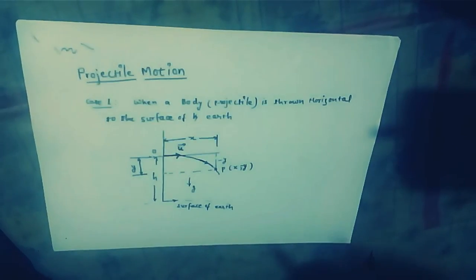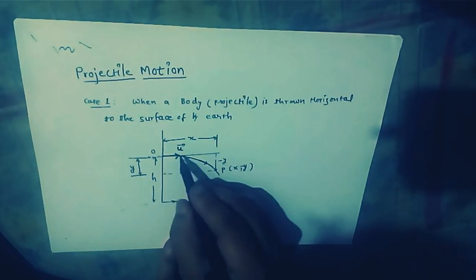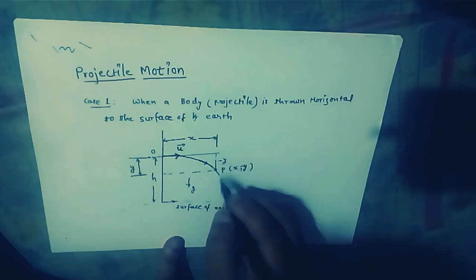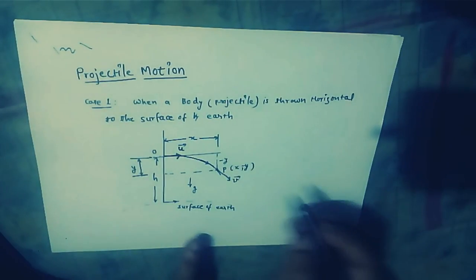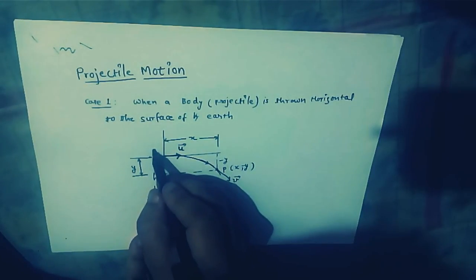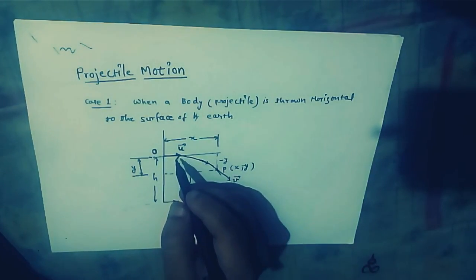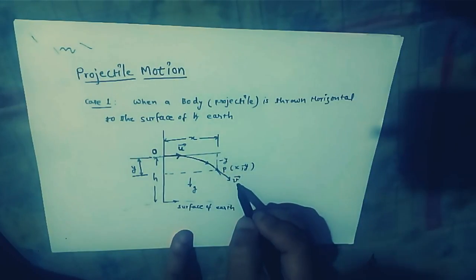By that time, its velocity has become v. That is the new velocity of the body at point P. Initially at point O, its velocity was only u.